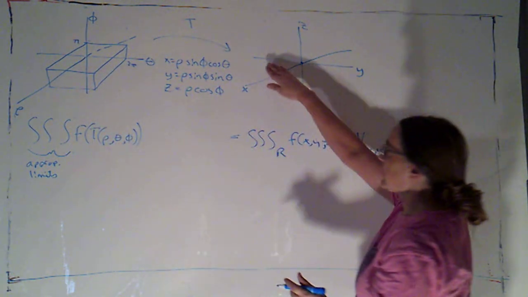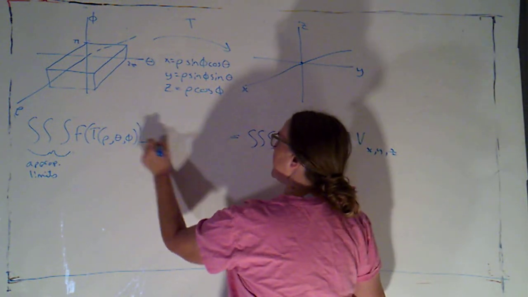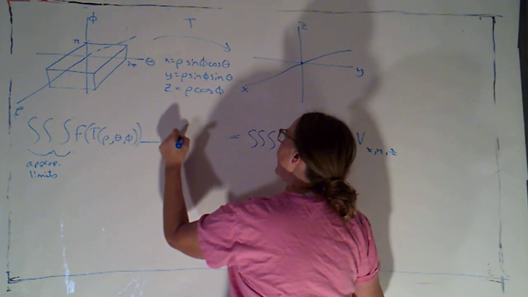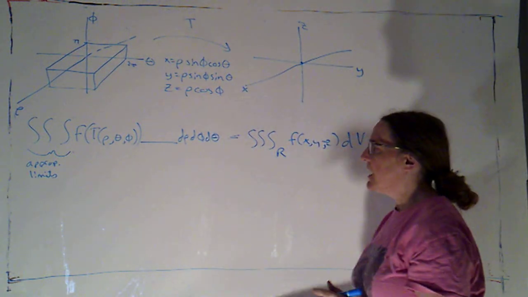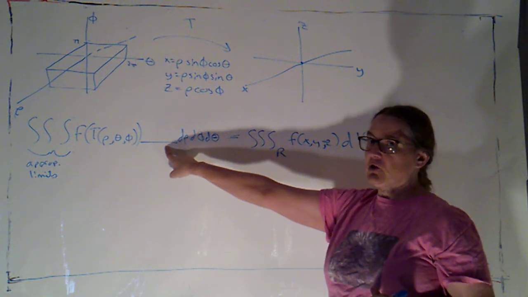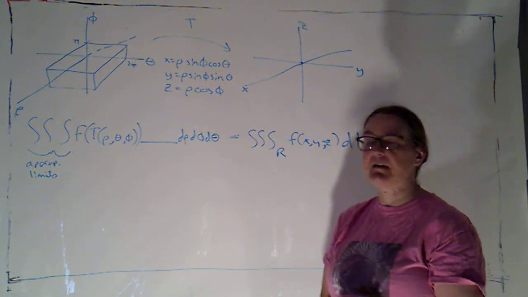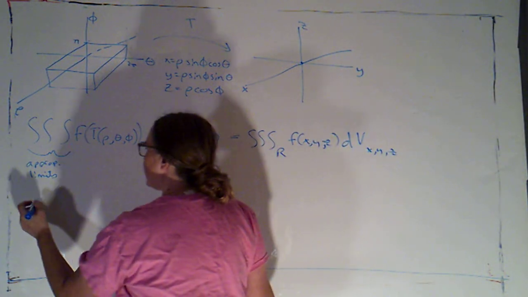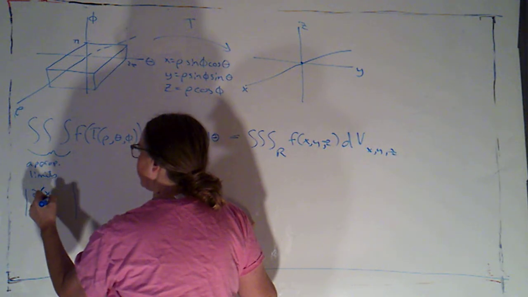So that would just express x, y, and z in terms of rho, theta, and phi. Scaling factor, d rho, d phi, d theta. And I know what that scaling factor should be, because when I switch to spherical coordinates, I'm supposed to get rho squared sine phi. But I also know that that's supposed to be the absolute value of the Jacobian.